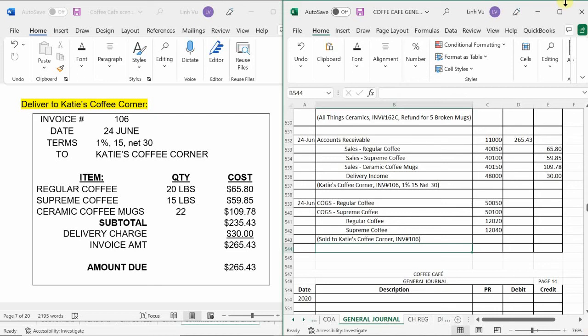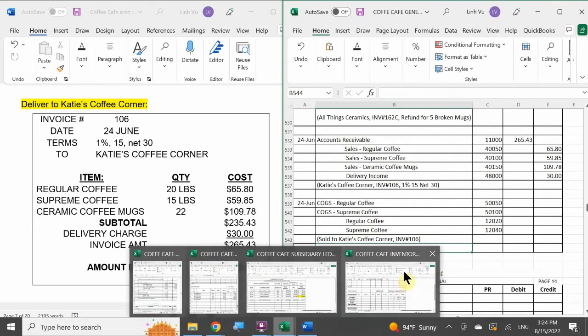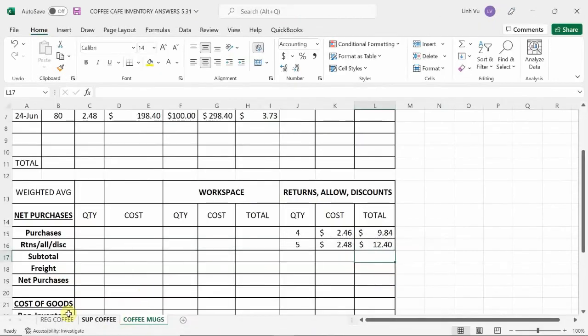Okay, so we used 20 pounds of regular coffee and 15 pounds of Supreme coffee, or sold. So, inventory worksheet.